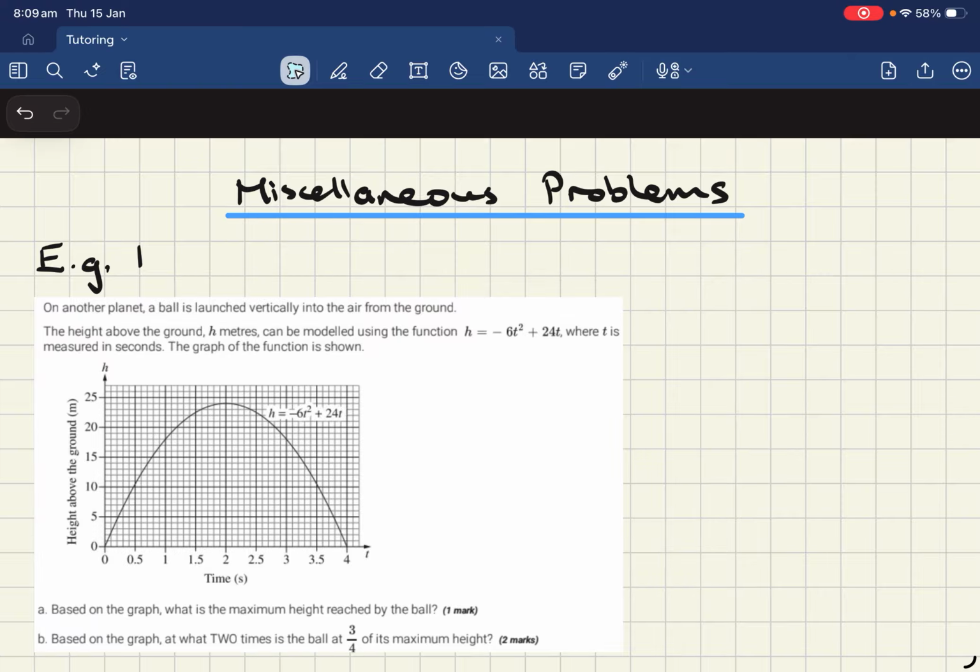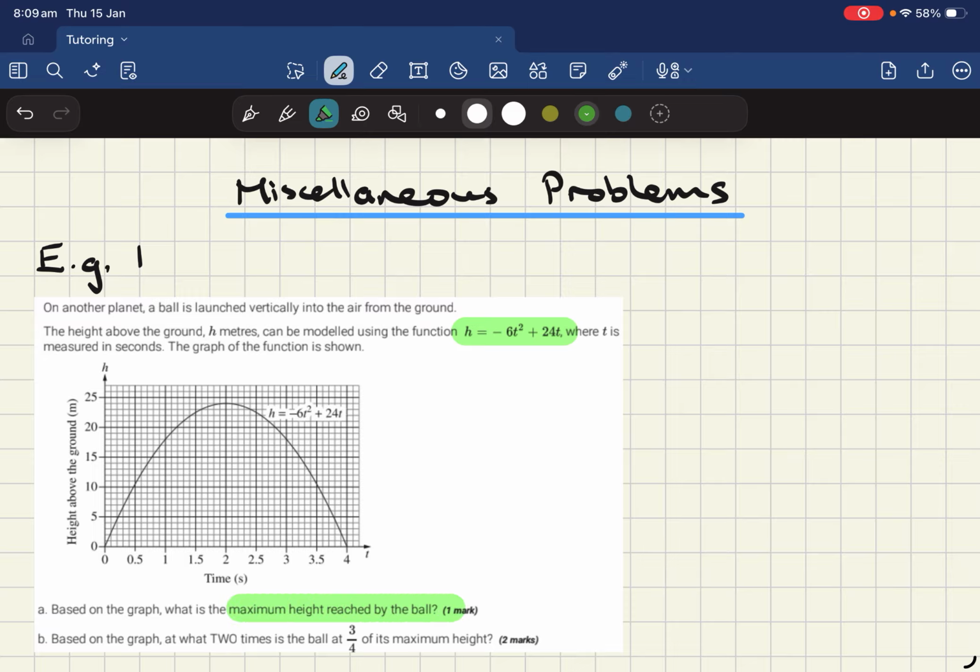Now, this question says, on another planet, a ball is launched vertically into the air from the ground, and the height above the ground, h meters, can be modeled using this function here, where t is measured in seconds. The graph is shown below, and it's asking, based on the graph, what is the maximum height reached by the ball?